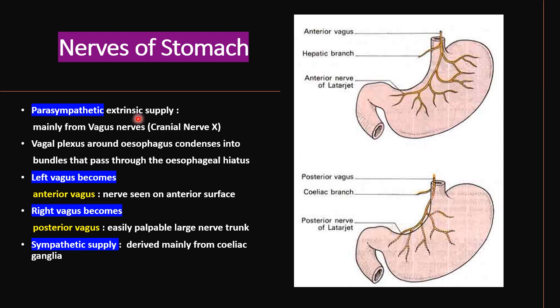So basically, the parasympathetic supply is your anterior vagus and posterior vagus. And the sympathetic supply is derived mainly from the celiac ganglia, the ganglia around the celiac axis, the celiac artery.